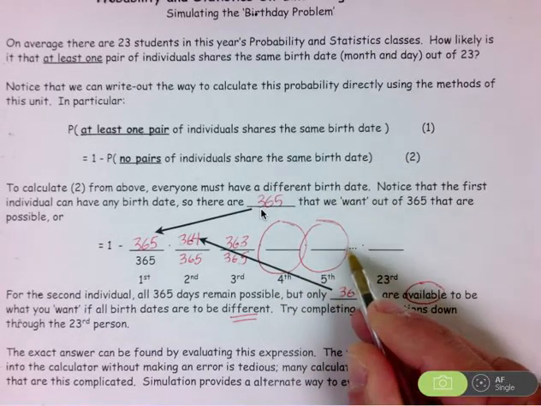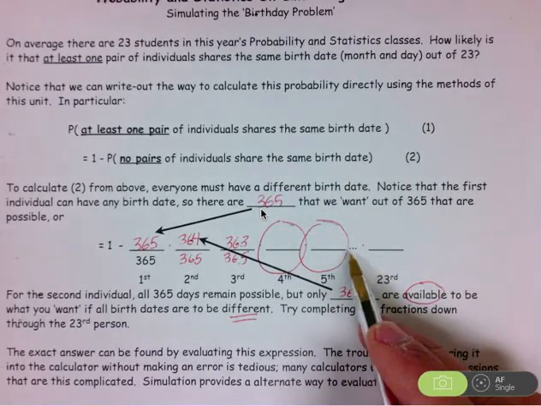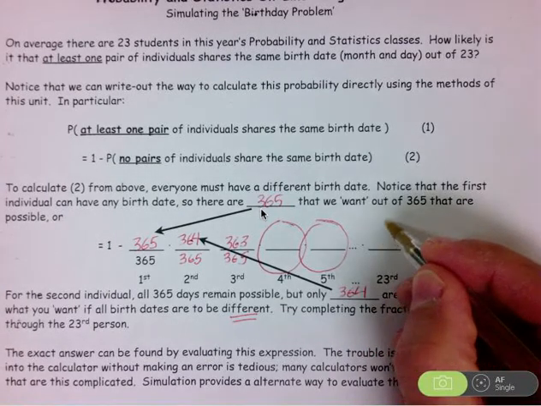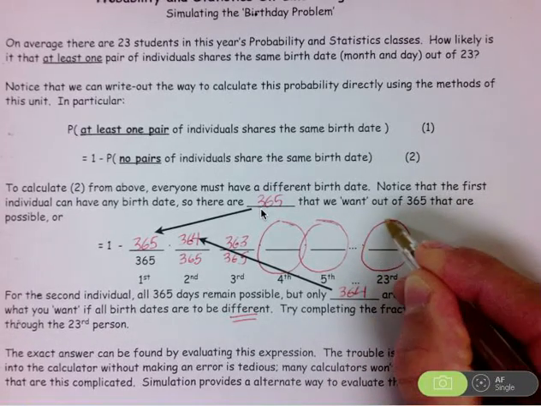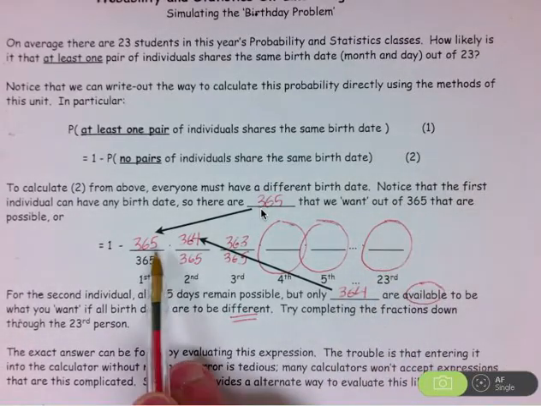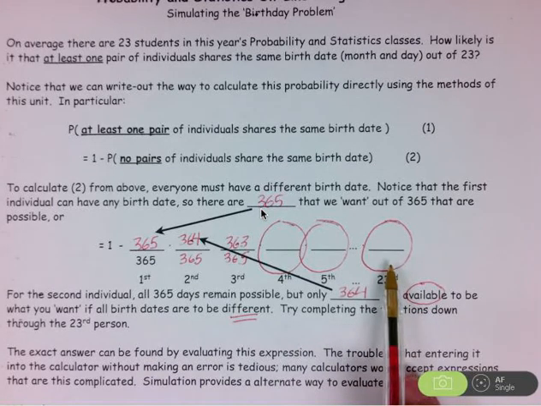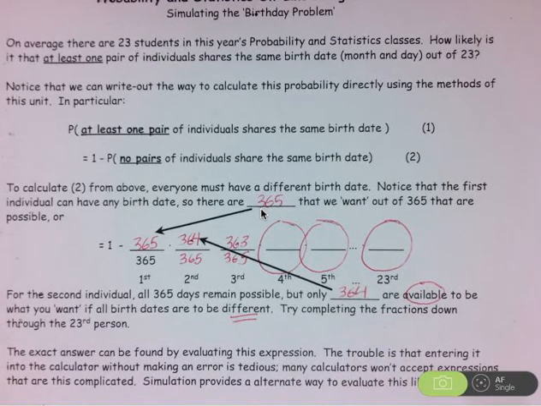This ellipsis represents that we're going to multiply in there by the sixth, the seventh, the eighth, the ninth to 10th person's probability, all the way down to the 23rd person's probability. So see if you can count down and actually fill in all of those probabilities all the way down to the 23rd person. So we could evaluate this expression to get the exact answer.